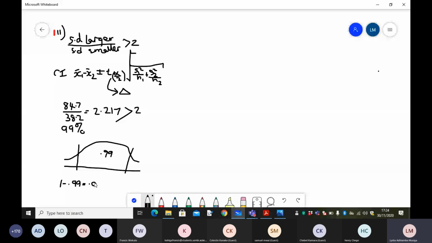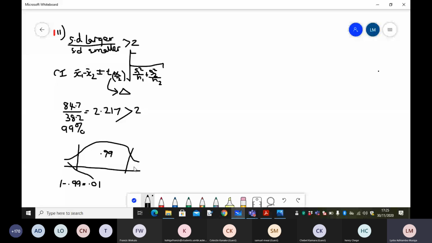And now we need to divide 0.01 by 2, because the small areas on both sides sum up to 0.01.